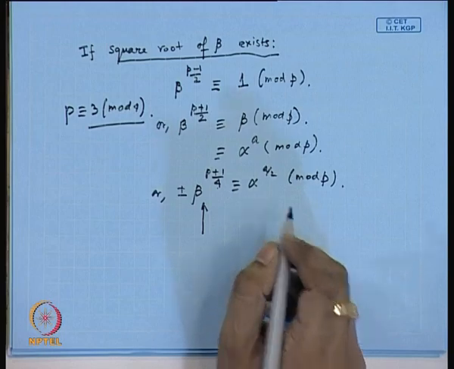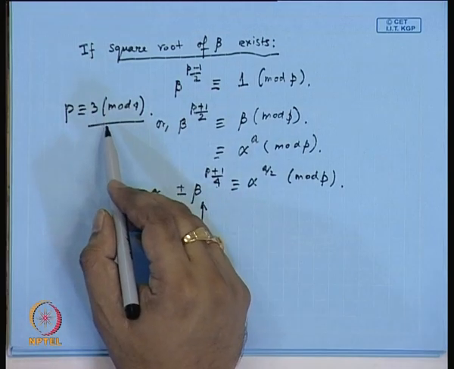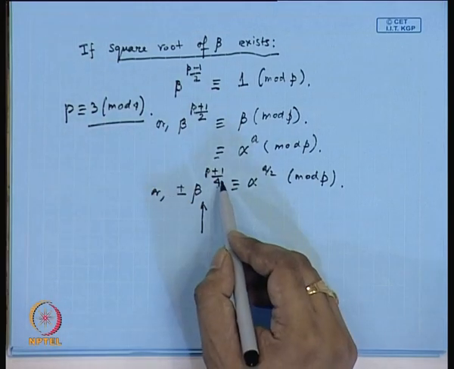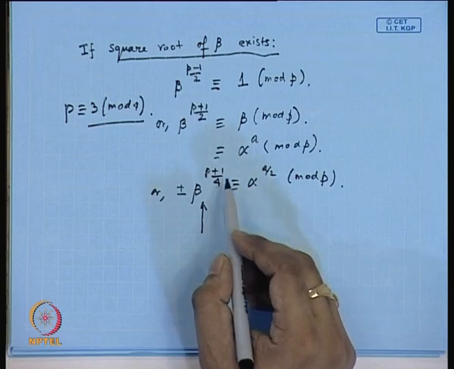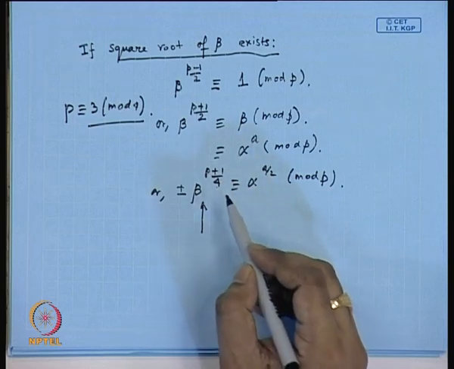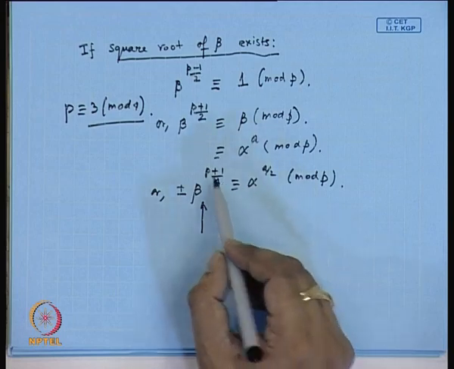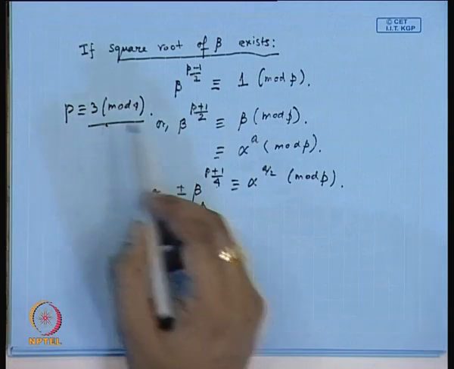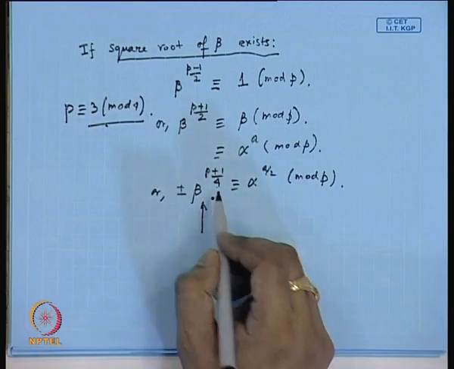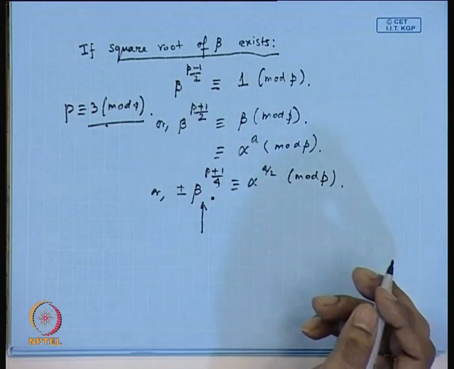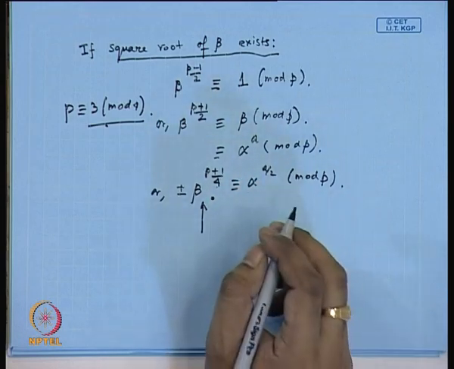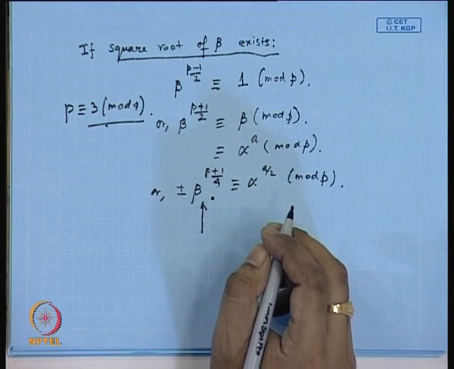Is it okay? If p was not congruent to 3 modulo 4, then I would not have been sure that this is an integer, and hence I could not have said that this is the square root. But here, since p is given to be 3 modulo 4, the square roots are plus or minus beta to the power of p plus 1 by 4, right.